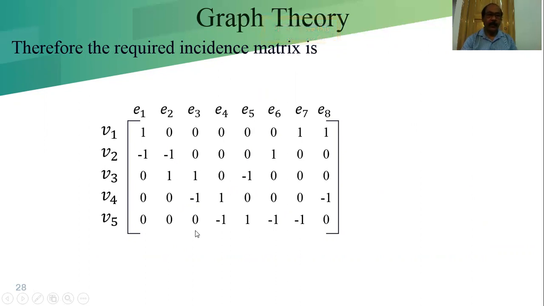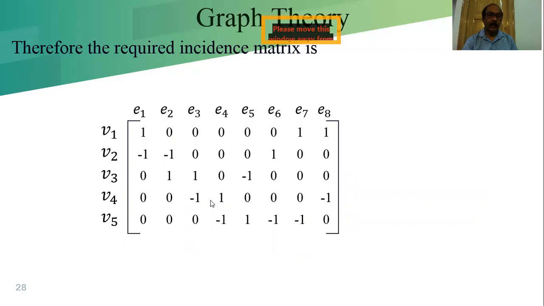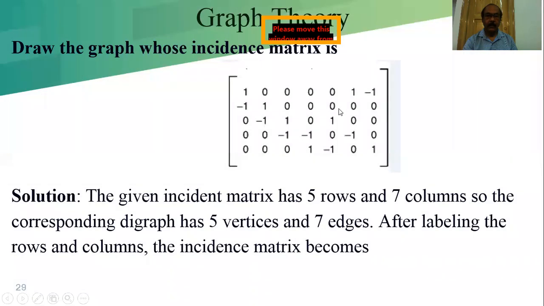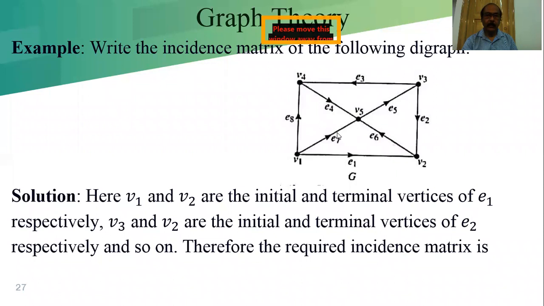Now, if we compare for E3, see E3: V3 positive and V4 negative. Now, let us consider E7. Where is E7?